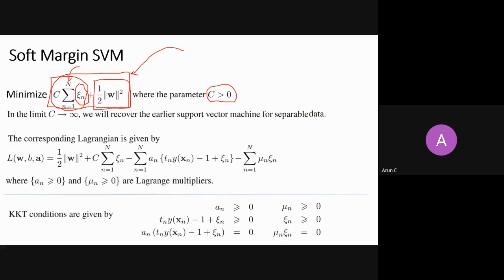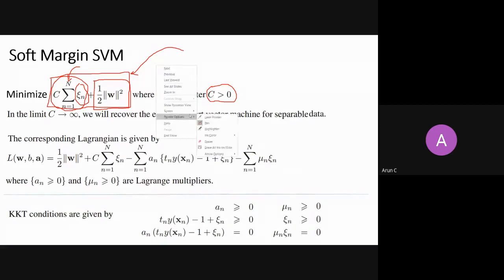So if you bring C equals to infinity, it means you don't want to accommodate any slack variables here. Everything should be perfect. But the moment you bring C to some positive number, let's say 1, 2, 3, then you are ready to accept some error or impurity in the decision region.